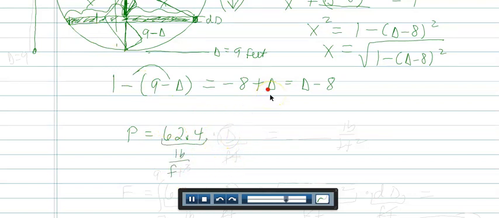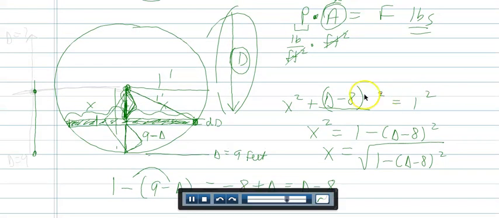And now my depth is going to vary from, if you look back at my picture here, we were 8 feet deep right here at the center. So I could go up 1 foot to be at the top of the window, which would be a depth of 7 feet. Or I could go 1 foot below the center, which would be a d of 9 feet. So this window is living between this depth of 7 feet to 9 feet. So keep that in mind, that this depth right here varies from 7 feet to 9 feet.